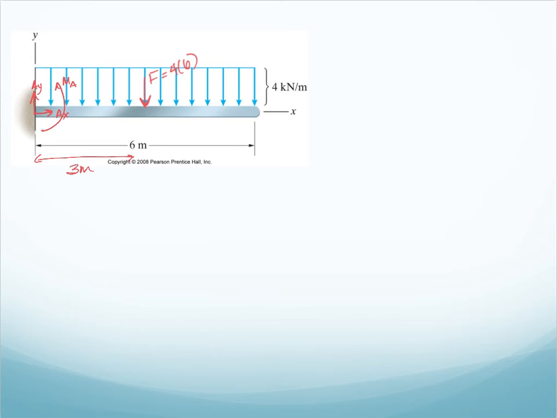So let's look at our equations of equilibrium just to find these support reactions, because these will influence the shear force diagram and also the bending moment diagram as well.